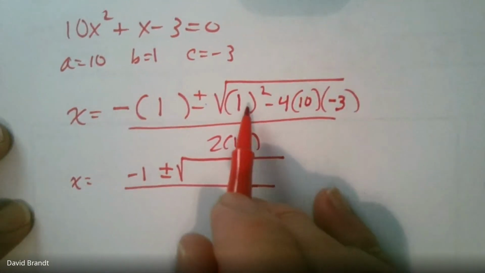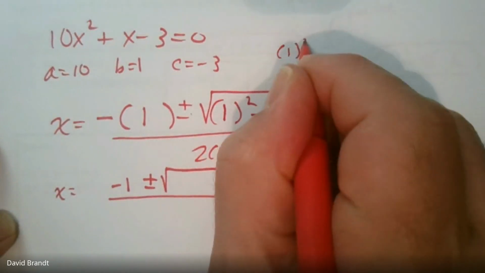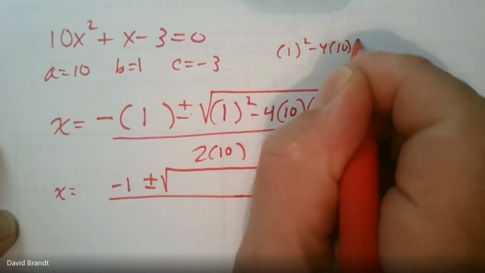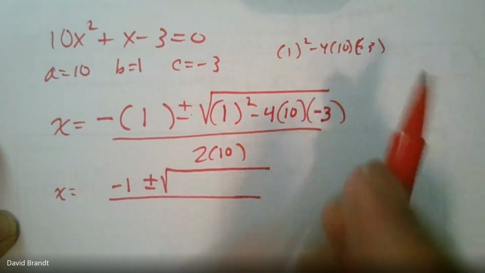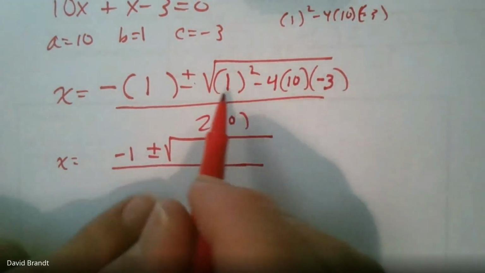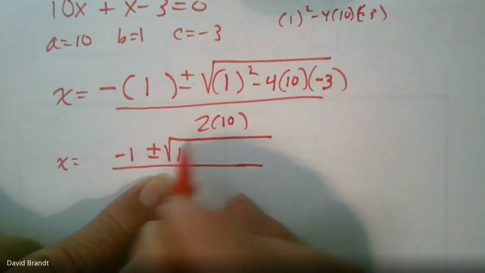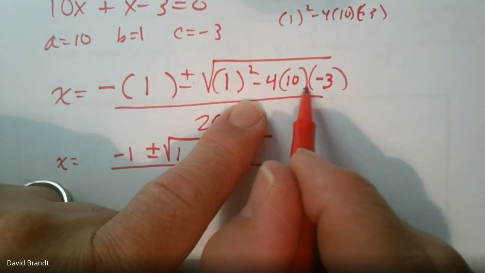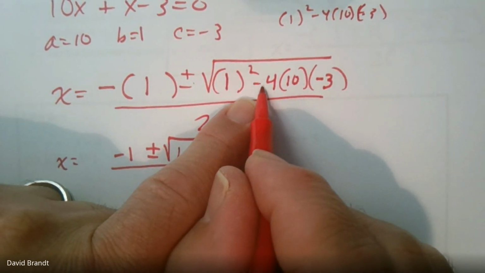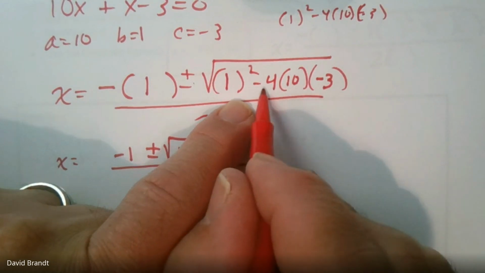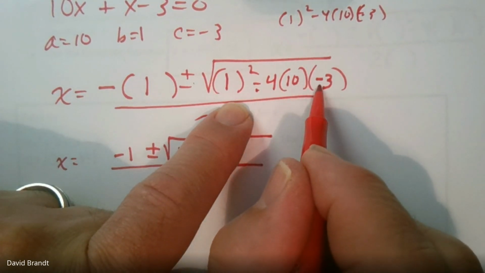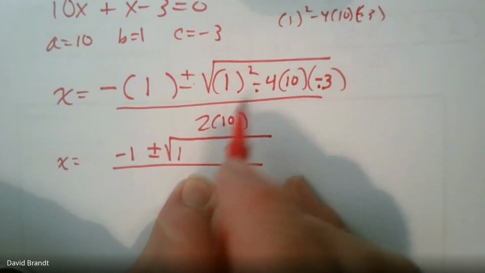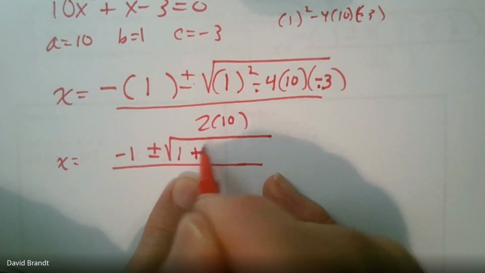Now you can type what's underneath into Desmos if you want, if you're not sure about arithmetic. But, I mean, it's not that hard. 1 squared is 1. Now look at these 3 multiplied together. That's a negative 4 times 10 times negative 3. You've got 2 negatives multiplied, which turns that into a positive.